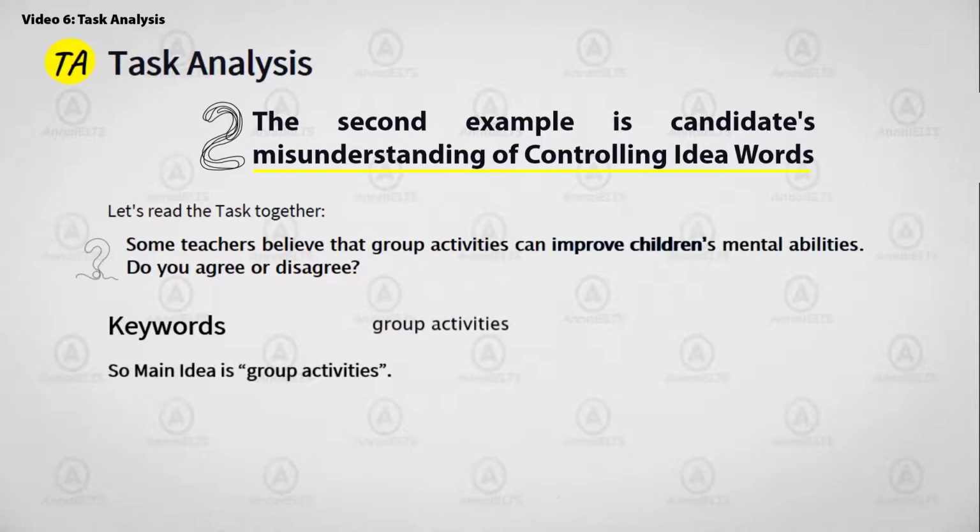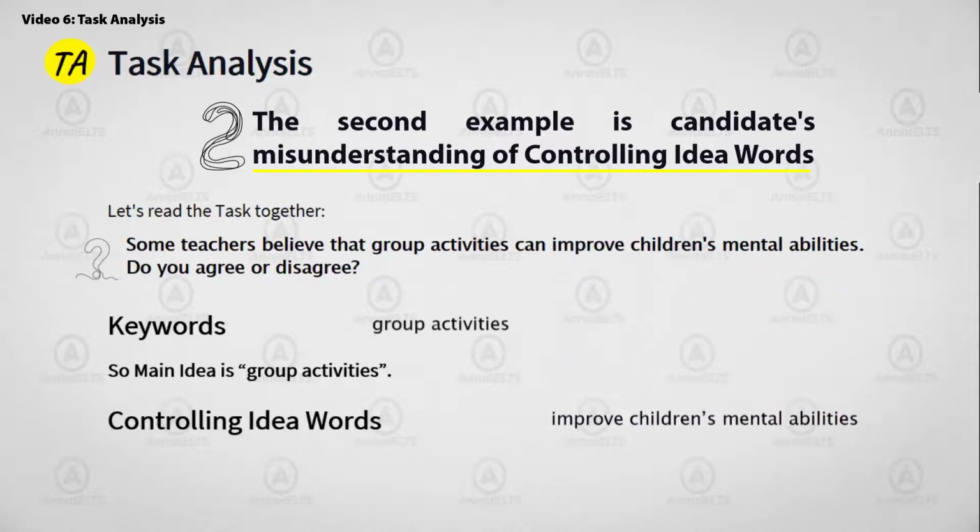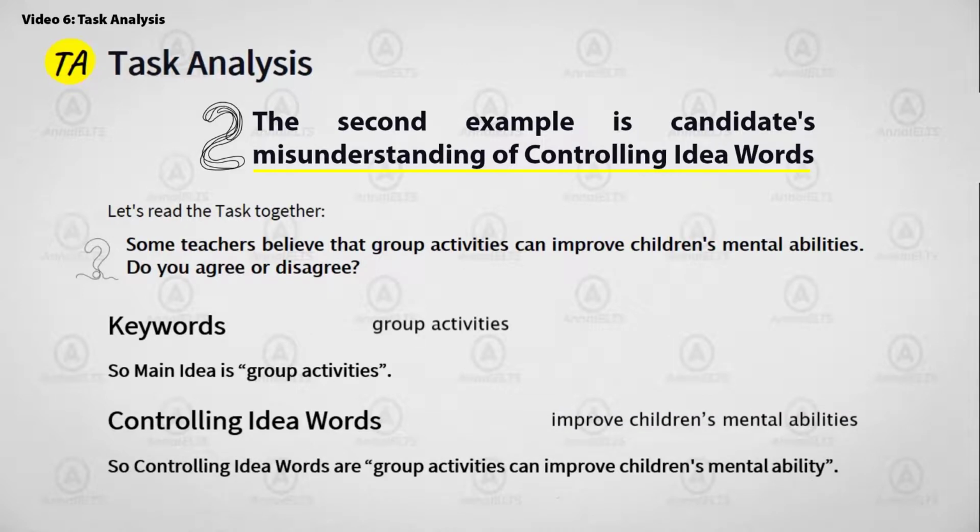Main idea is group activities. Now let's find controlling idea words and understand which aspects of the group activities we need to write about. So controlling idea words are group activities can improve children's mental ability.